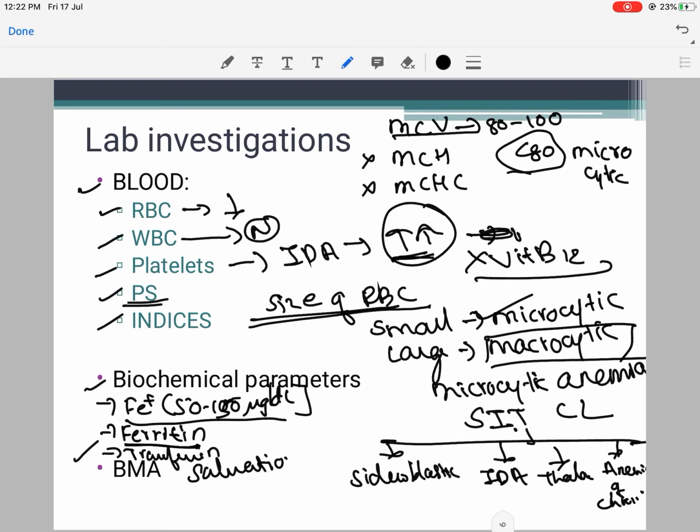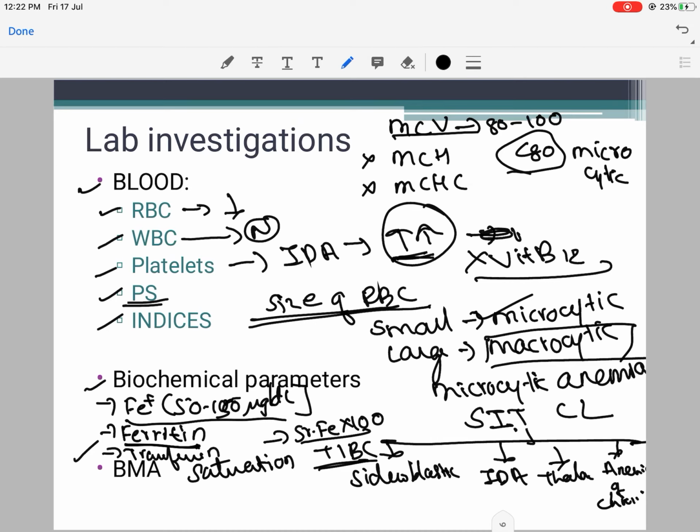In such cases, what we do is that we calculate something called transferrin saturation. How we calculate transferrin saturation is that we take serum iron, multiply it by 100 and divide it by TIBC. TIBC is total iron binding capacity. Whenever a patient has deficiency of iron, the transferrin will bind more iron, so that more iron is delivered to the body and the iron stores are repleted.